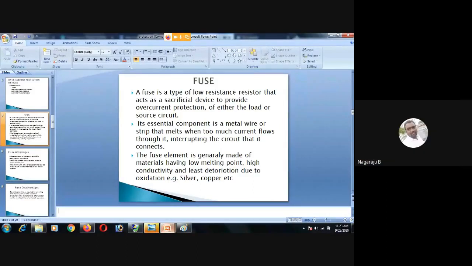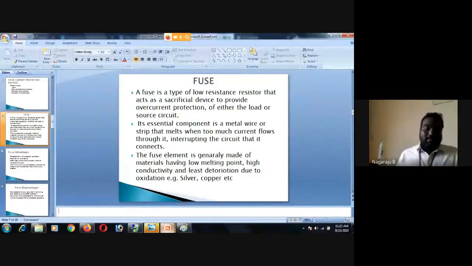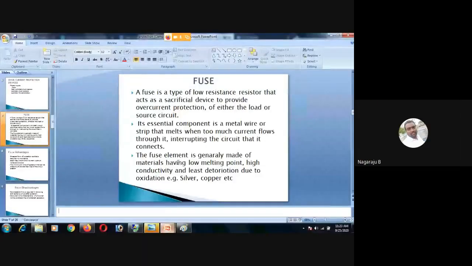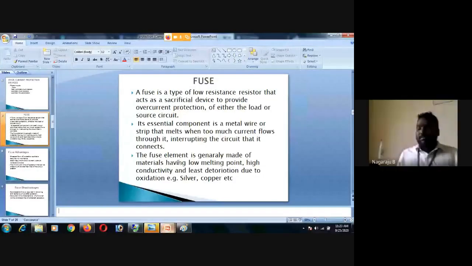The third is that these power fuses are not only applicable for distribution, they are also applicable for sub-transmission as well as transmission, because of their high rated use. That's why we go for power fuses in sub-transmission. Okay, this is about the fuses.